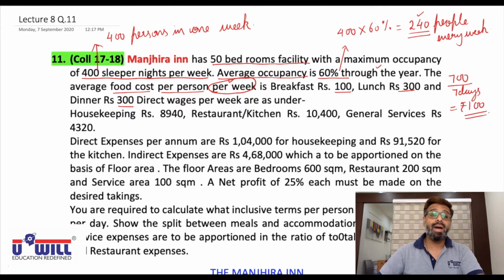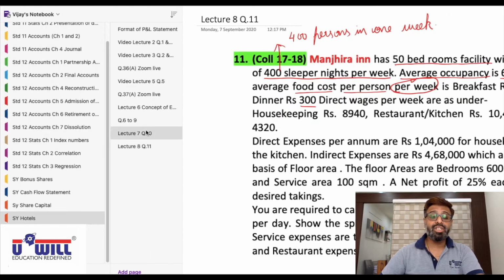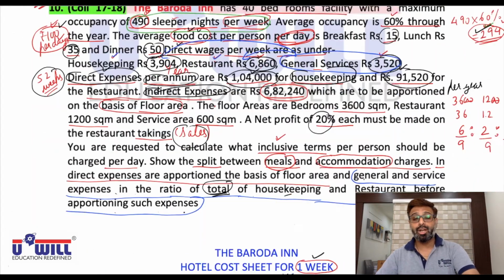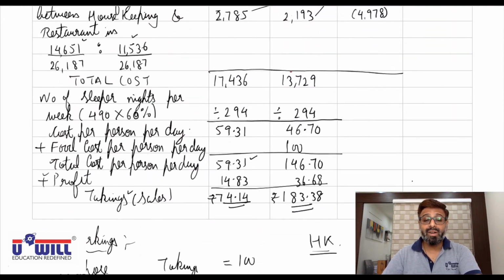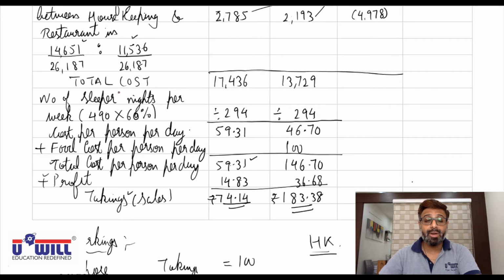Now why do we require the cost per day? I will explain again in question 11 later on. But at the end, by dividing by the number of sleeper nights, we get the cost per person per day only. So in that we have to add food cost per person per day.